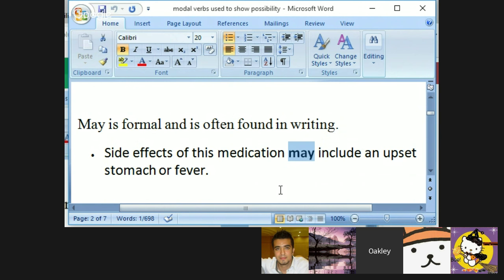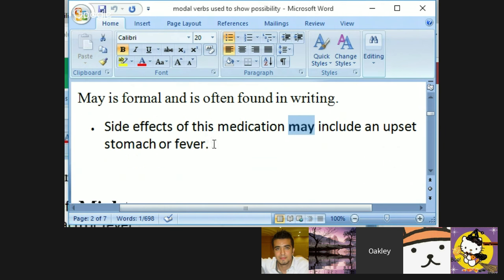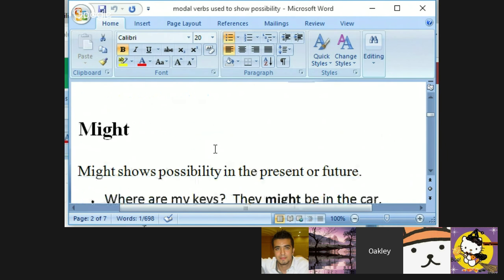But nevertheless, it's worth noting. It's still a good question. Whether we're using it to show possibility or to grant permission, in either case it's still more formal, used in writing, things like HR department things. Okay. All right. So, may is more formal.